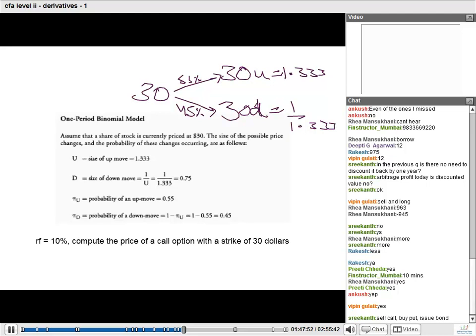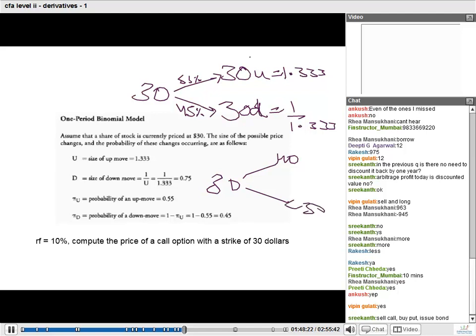So strike price is $30. Possibility is that the stock can be 40. So 30 into 1.33 will be 40. So it is 30 right now. It can be 40 or it can be 30 upon 1.33, which will be something less than 30.